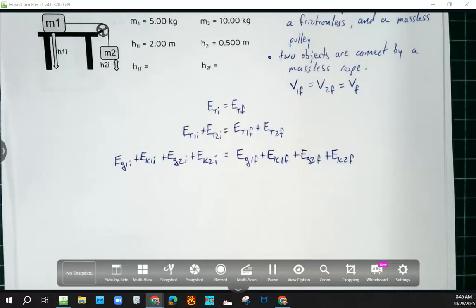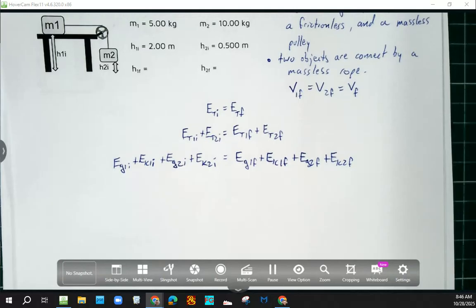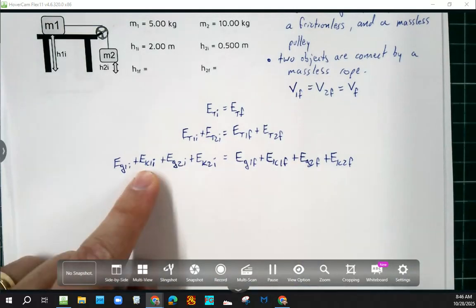As I look at this, and I want to simplify it, I could take this through and make a super generalized equation where I would be looking for EK final. But maybe let's just expand it out so that we can see all the information under the hood.